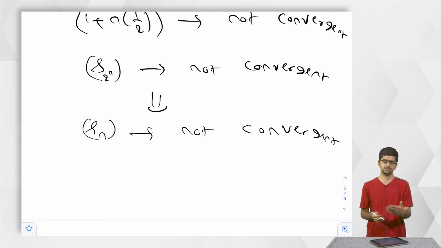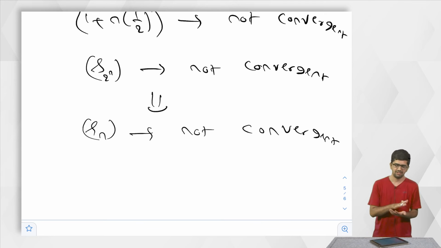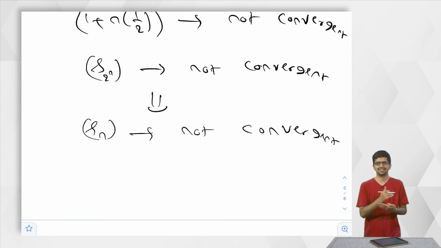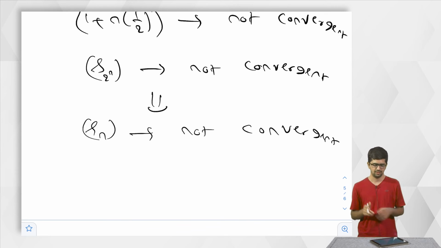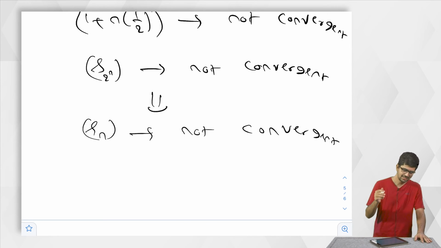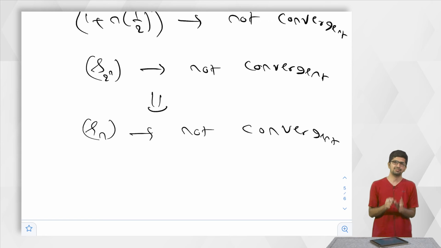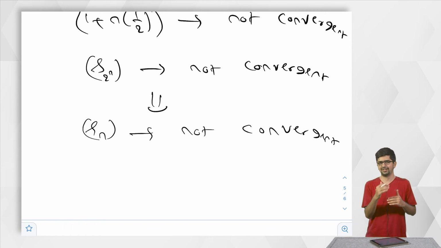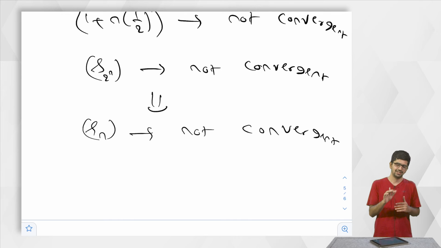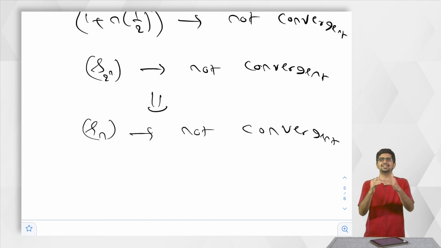I have told you before also, suppose I have a sequence and I know it is convergent, then every subsequence is convergent, and it converges to the same element. This is used as a negative result, in the sense that this result is used to say some sequence is not convergent. How do we do that? Given a sequence, we somehow produce a subsequence that is not convergent. So by the previous result, it implies the sequence is not convergent.